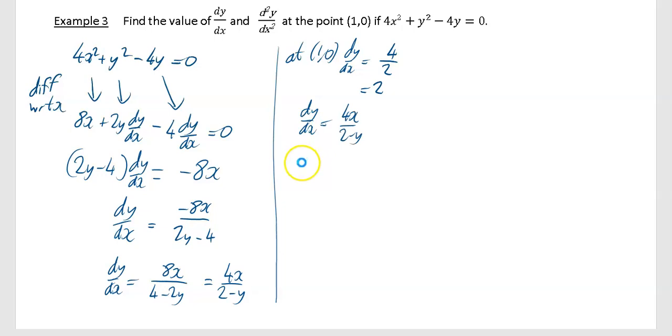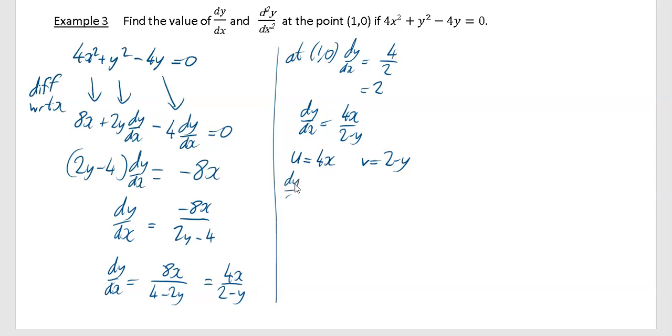And I've just written it down again because I'm going to have to do the quotient rule to find my d2y by dx squared. So I'm going to say my u is equal to 4x, my v is equal to 2 minus y, and then I'm going to have to differentiate both of these things with respect to x to be able to do my quotient rule.